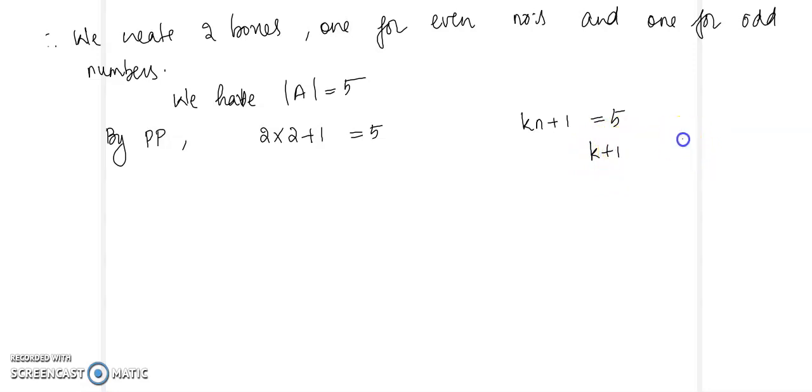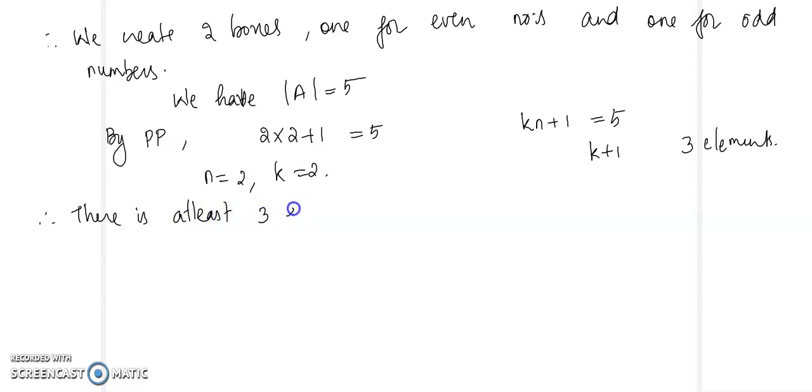That means there must be at least 3 elements in one of the boxes. So we have n equal to 2 and k equal to 2. So therefore there is at least 3 elements in one of the boxes.